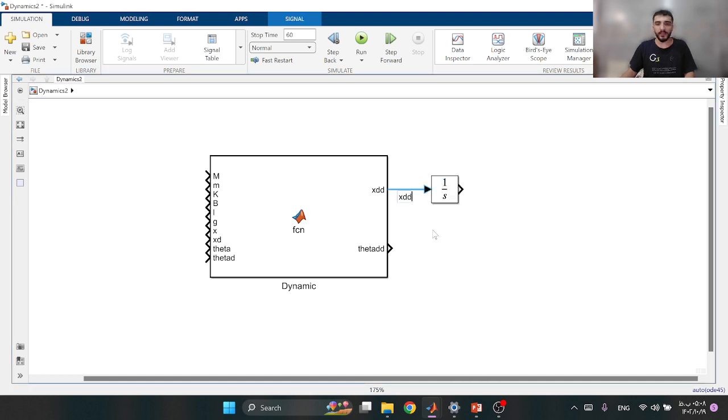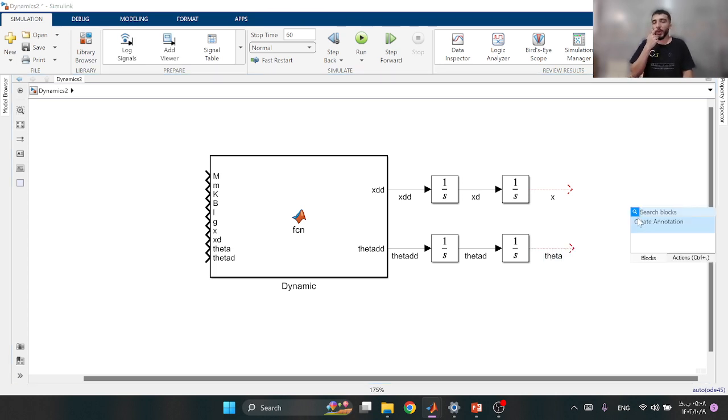This signal is x double dot, and this signal is theta double dot. We have another integrator. This is x dot, and this is theta dot. This signal is x, and this signal is theta.